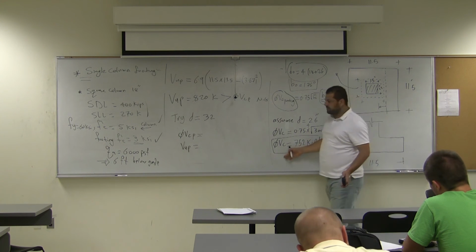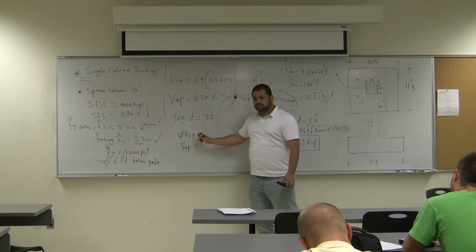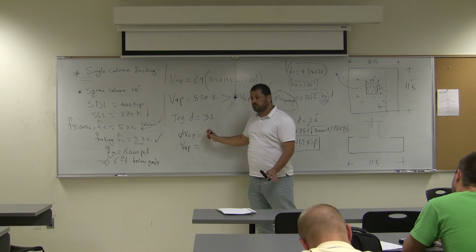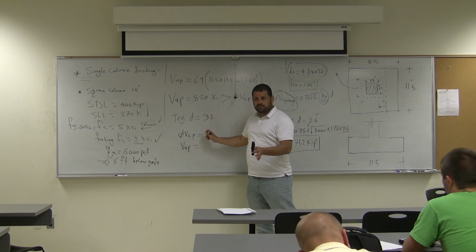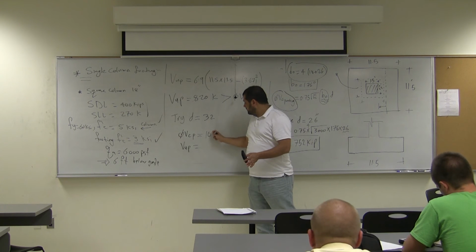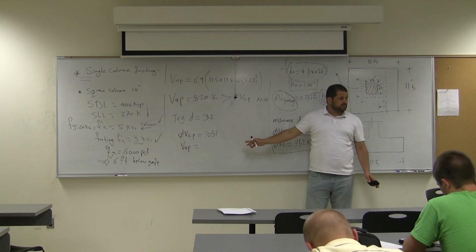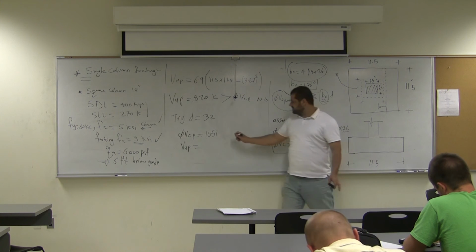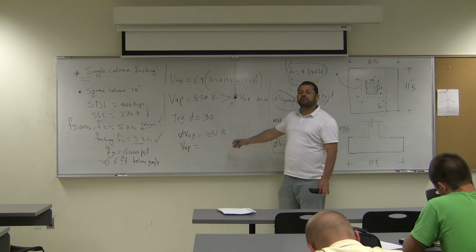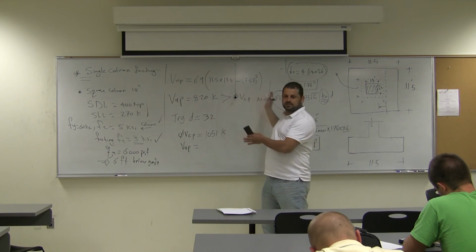Did you get the number for PVC? Yeah, but it's like 1,000 now. Yeah, good, 1,051. Got the same number? Looks fine to me. Someone confirm, please. I need another one to confirm. It's just numbers.